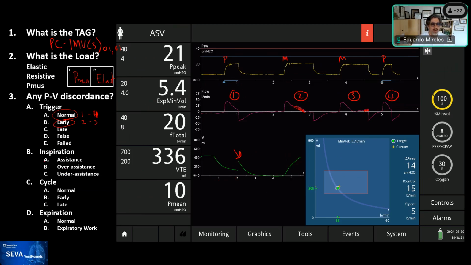In terms of inspiration, is there assistance, over assistance, or under assistance? Let's focus on breaths 1 and 4, because for breaths 2 and 3, we already know they're going to have abnormalities. They're going to have early triggers, so we will stop classifying interactions. But for this one, is there a problem: assistance, over assistance, or under assistance?